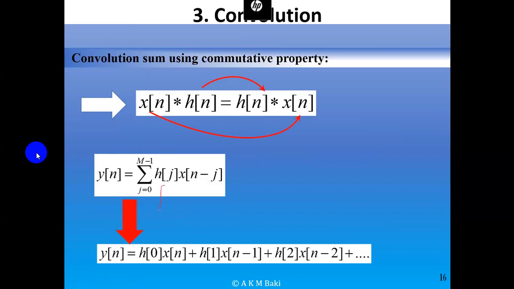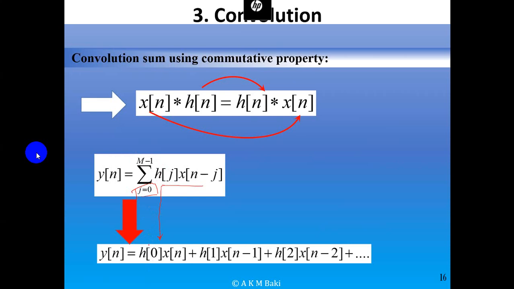The first equation that was explained, convolution sum, can be expanded in this form. As you can see from here, the indexing for the impulse response starts from 0 up to m minus 1. So after expansion, you can write the equation this way.